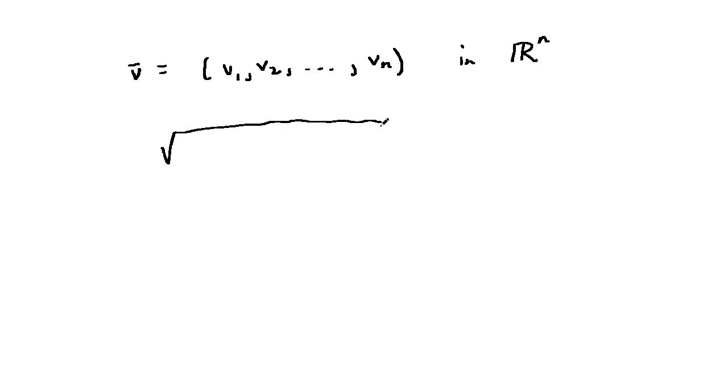Now the length of a vector v, say v1, v2, dot dot dot, vn in Rn, that's defined analogously as the square root of v1 squared plus v2 squared plus dot dot dot plus vn squared.